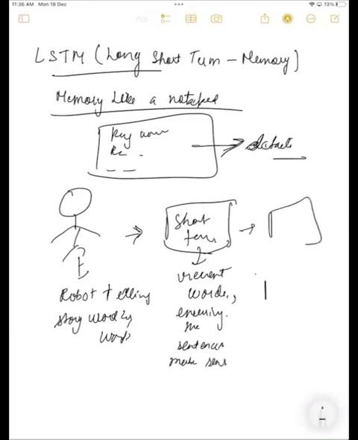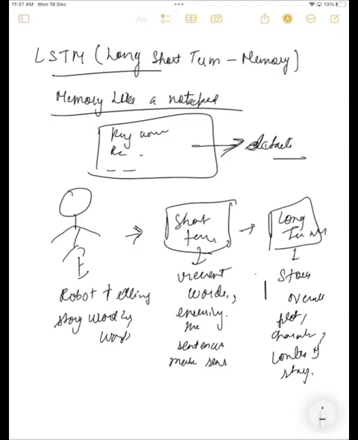Then another one is long-term memory. It stores the overall plot, that includes characters and the context of the story.